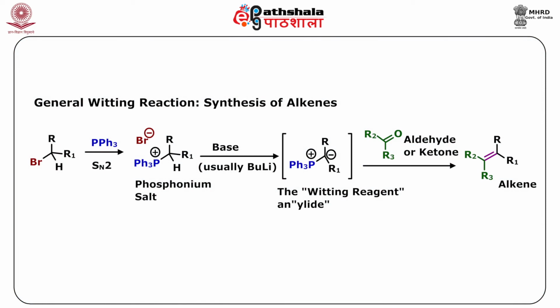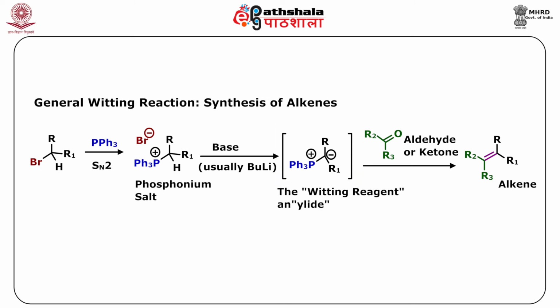First of all, you can see how the triphenyl phosphine with this halide can be used to prepare this phosphonium salt, and in the presence of base there can be removal of this H and Br, and as a result there will be formation of this particular ylide which is the Wittig reagent.